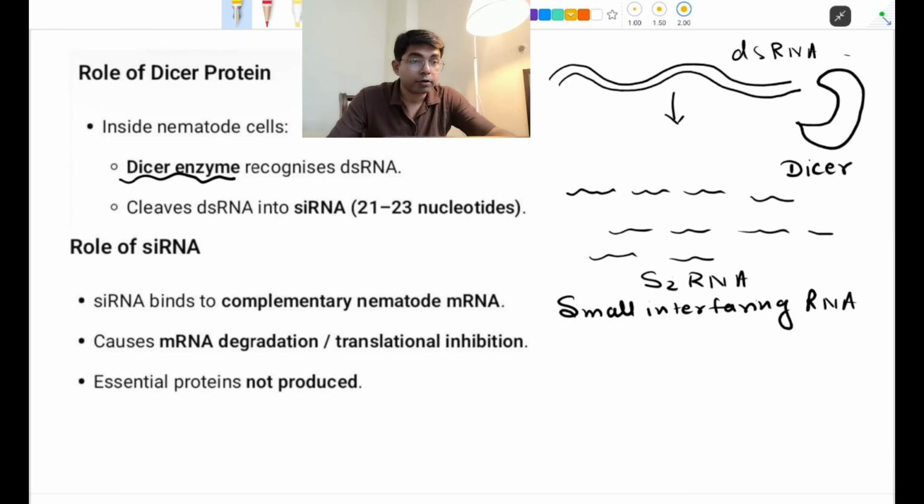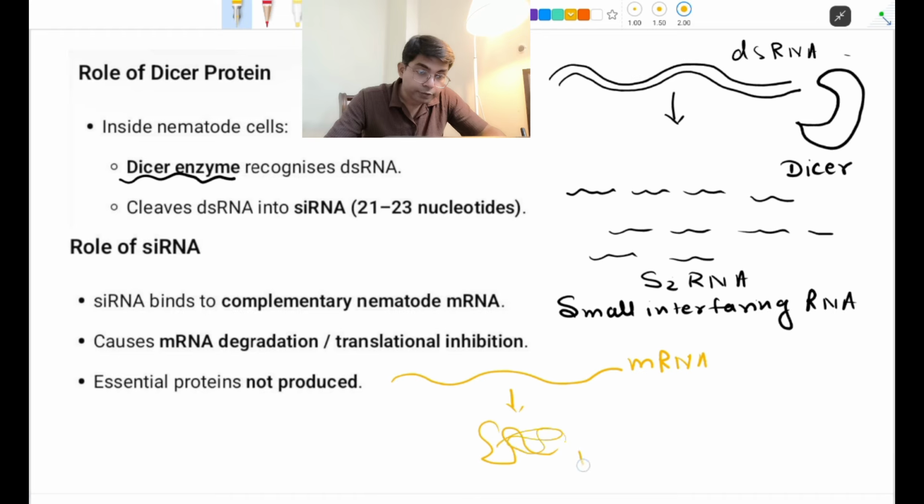Now, you can recall that in the beginning we chose one mRNA as a target, right? Which was forming a very important protein, isn't it? Now, what happened? These small interfering RNAs will come and join with the mRNA, and form several small double-stranded parts.